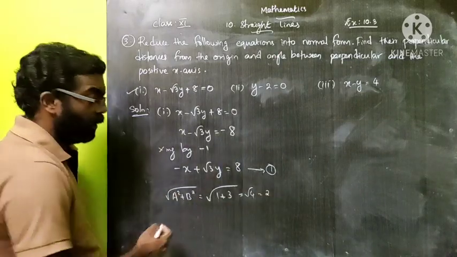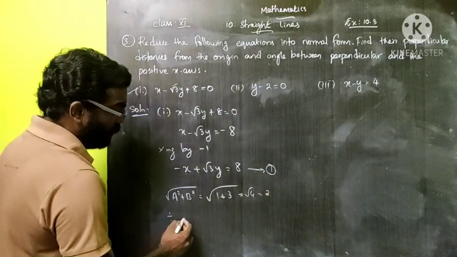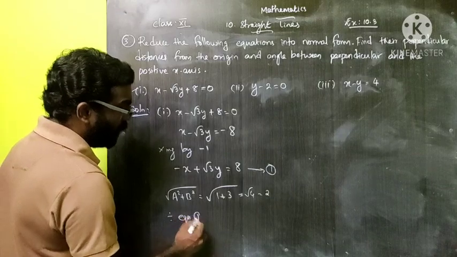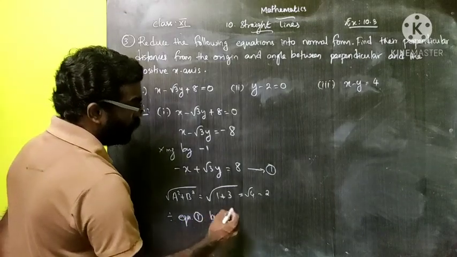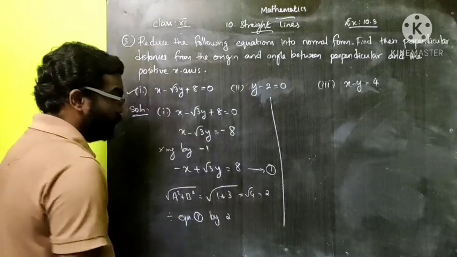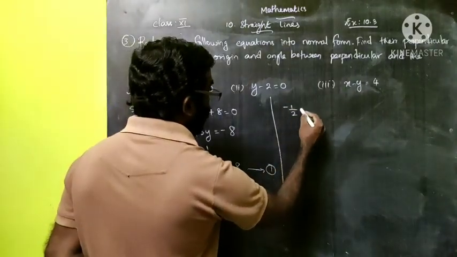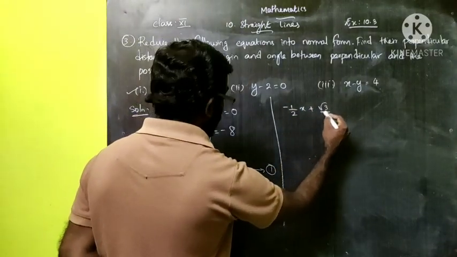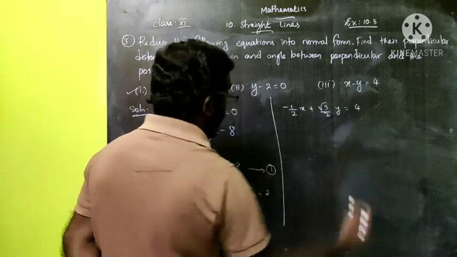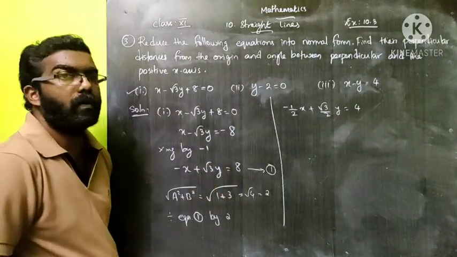Here it is 2. So divide equation 1 by 2. So we get minus 1 by 2 x plus root 3 by 2 y is equal to 8 by 2. 8 by 2 is 4.